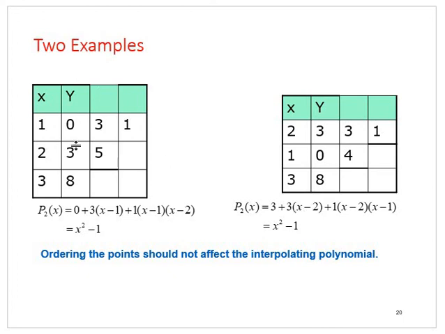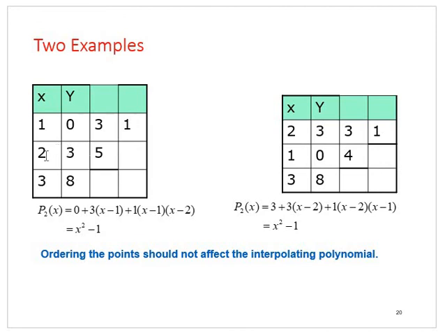Maybe let me do this table again. For you to get this 3, it will be 3 minus 0, which is 3, because you are computing the gradient using this 4. So 3 minus 0 is 3, and 2 minus 1 is 1. So 3 divided by 1 is 3.